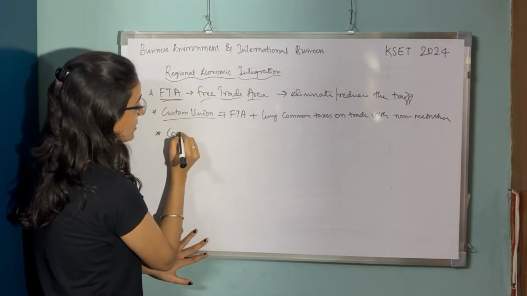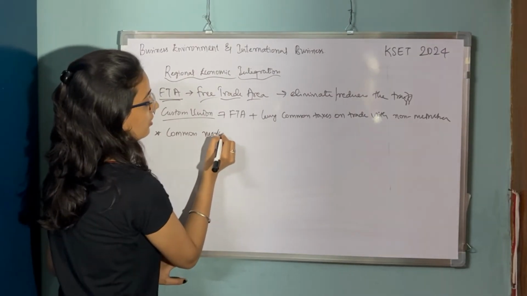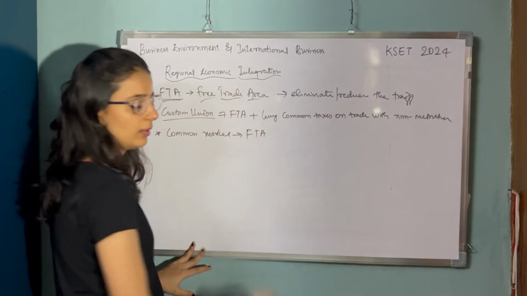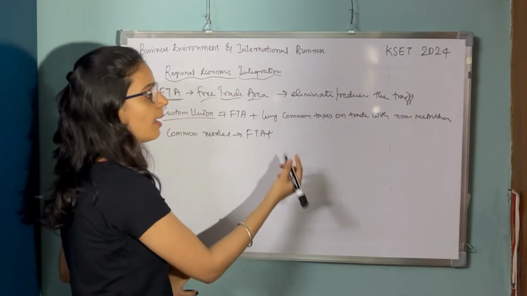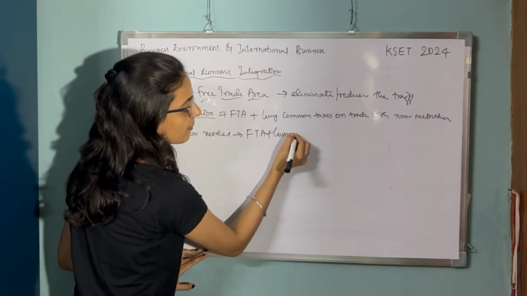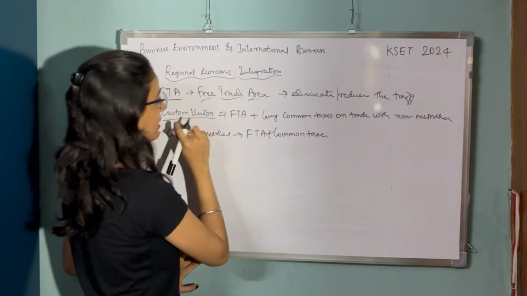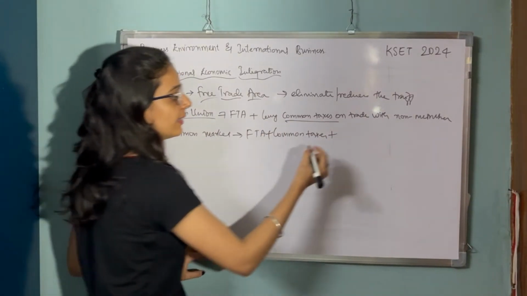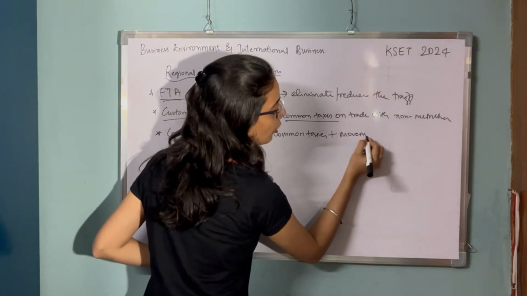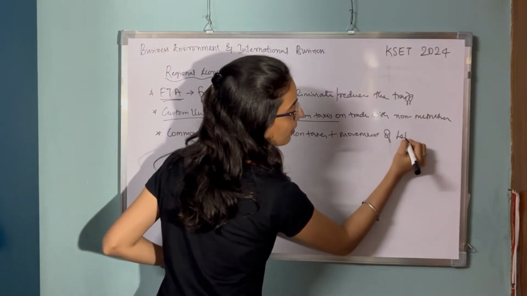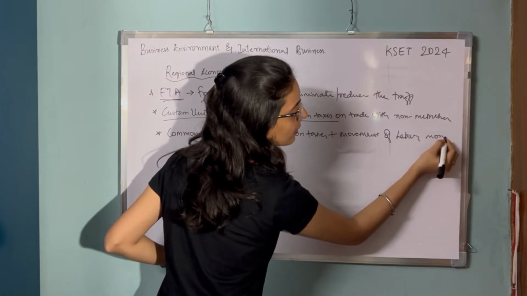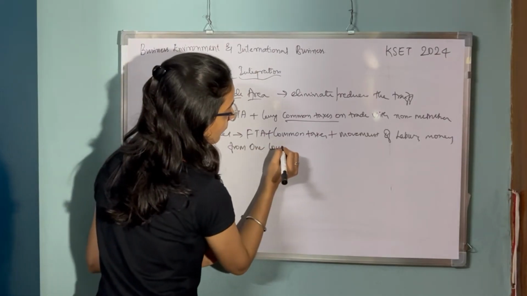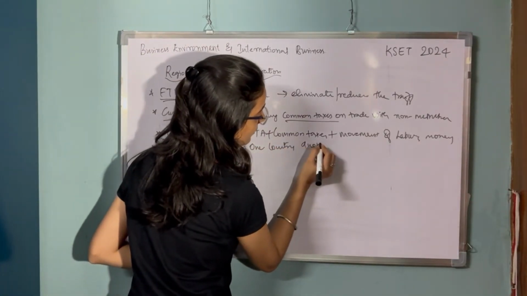Then there's something known as common market. Again, here it is FTA, which is free trade area, plus common taxes, but also in common market it allows movement of labor and money from one country to another country.